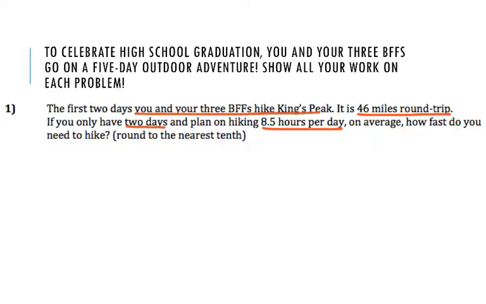So to figure out the speed, speed is distance over time. Our distance is 46 miles. And then we have to think about our time. So we're going to divide it by the amount of time. Well, we're traveling for 2 days, so 2 times 8.5 hours.